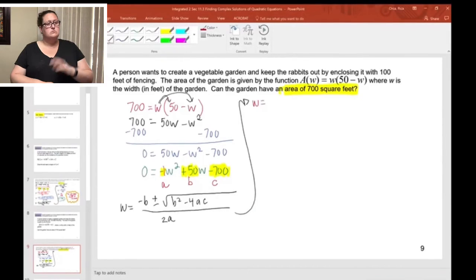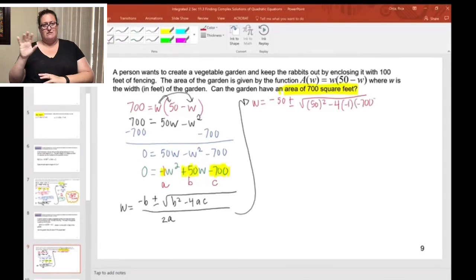So w is equal to negative b, which is negative 50, plus or minus the square root of 50 squared minus 4, a is negative 1, c is negative 700, all over 2 times negative 1.